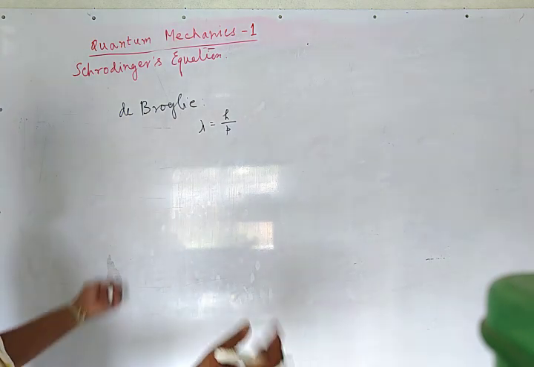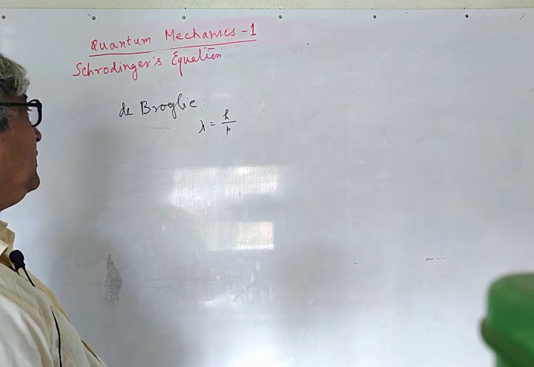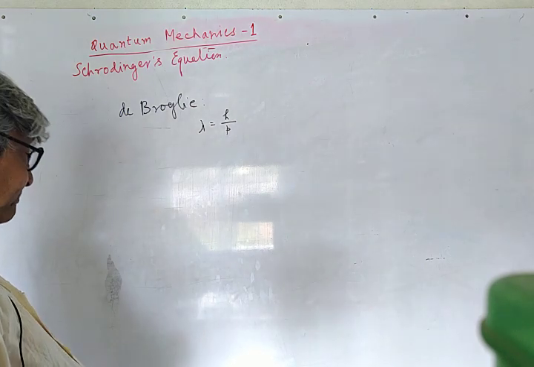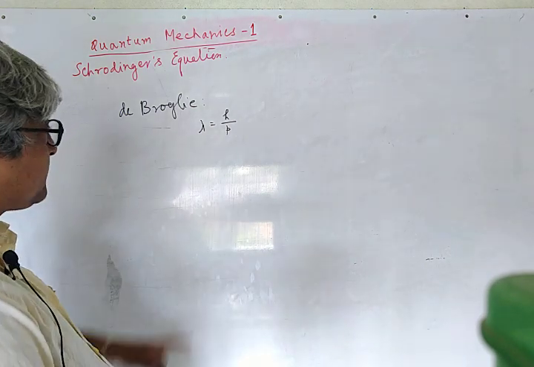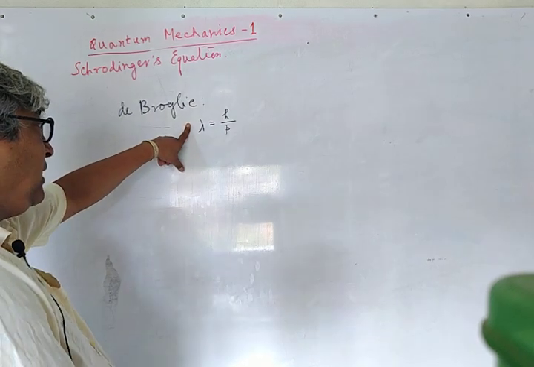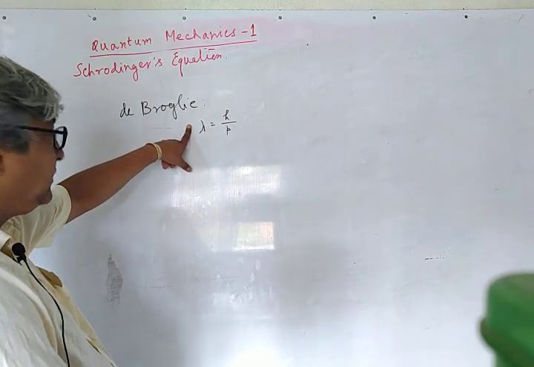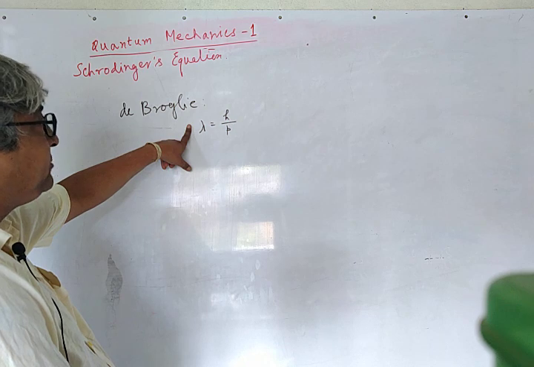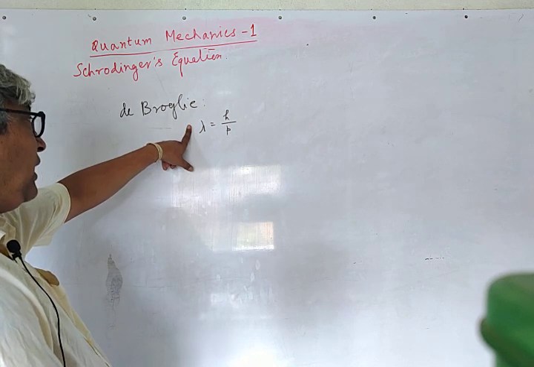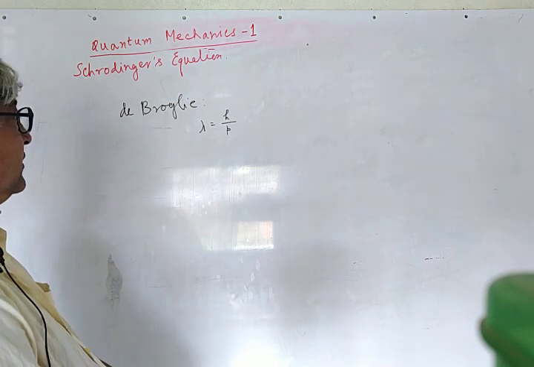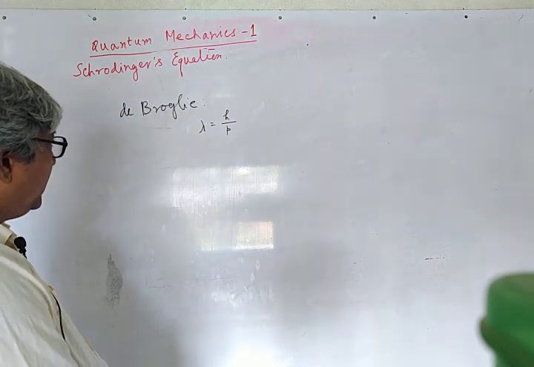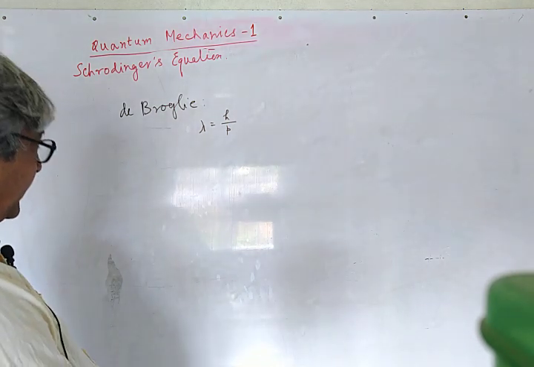So the quantum effect is not felt for macroscopic bodies. This expression for wavelength has been experimentally verified by the Davisson-Germer and G.P. Thomson experiments, and ultimately we believe that this expression is correct.